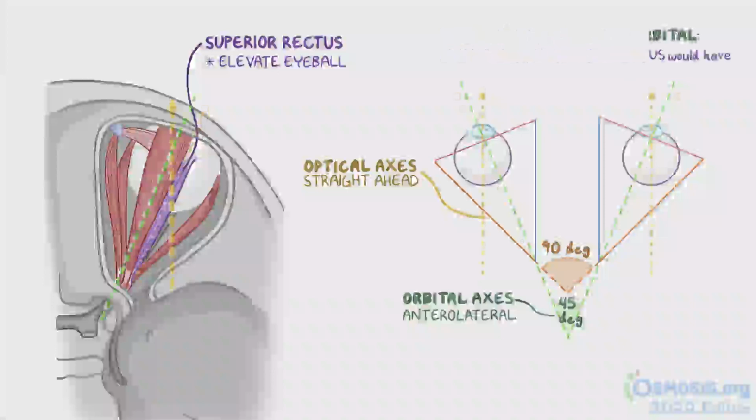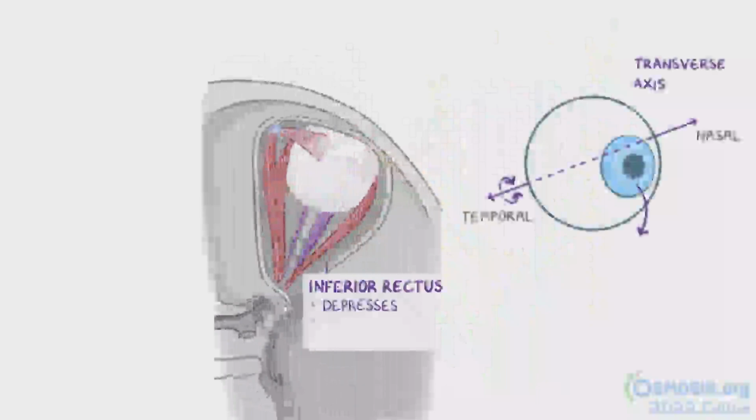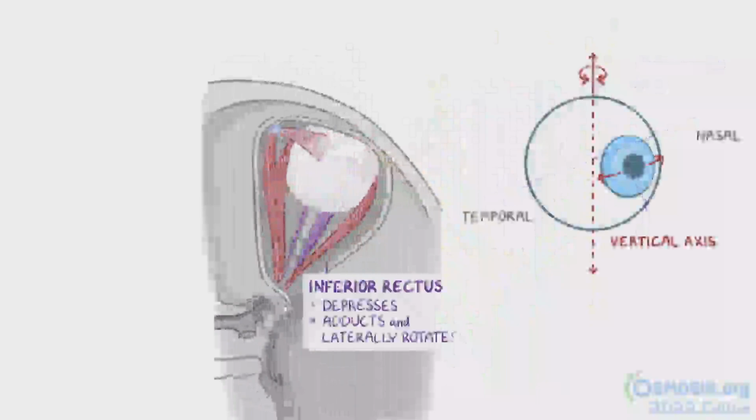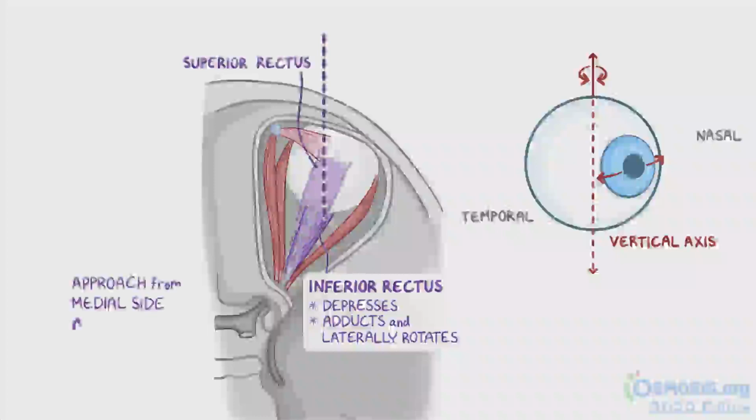However, because the optical axis is medial to the orbital axis, the superior rectus also performs adduction and medial rotation due to its oblique orientation to the optical axis. The inferior rectus also runs anterolaterally but inserts inferiorly, so it mainly depresses but also adducts and laterally rotates the eyeball. Because the superior and inferior rectus both approach the eye from the medial side, they are both adductors.